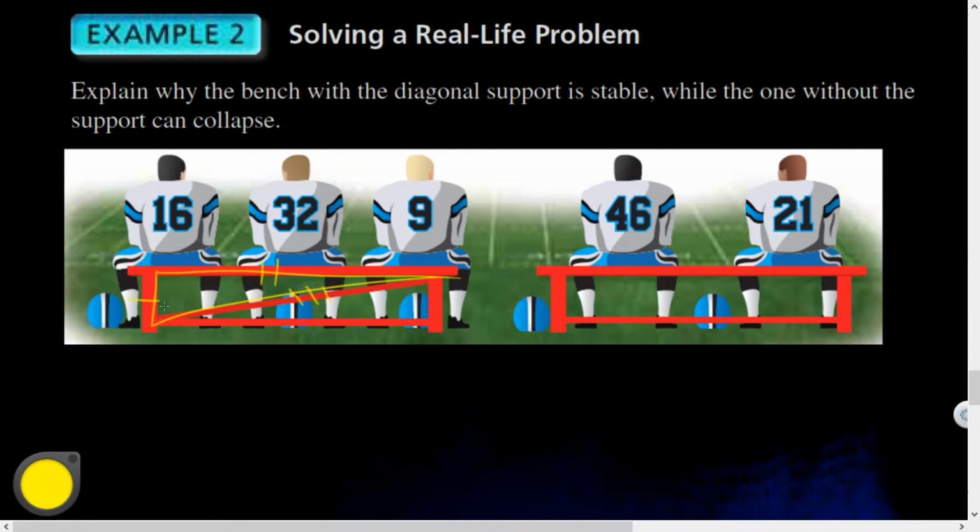I can't rotate or shift or hinge those in any way. Even if I put hinges here and here and here, you could never bend any of those hinges because those lengths are fixed.